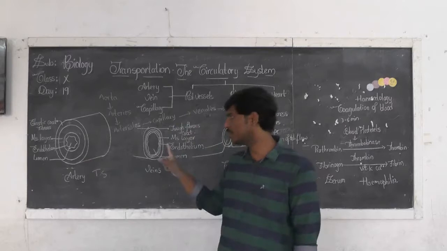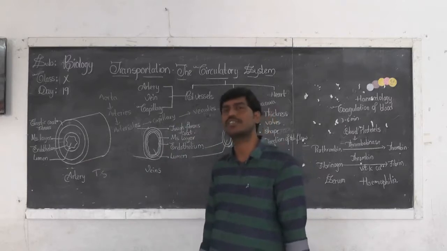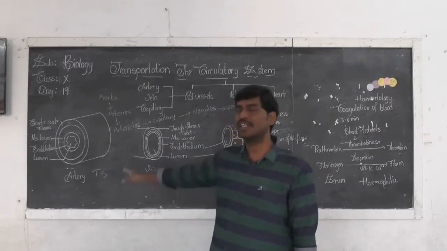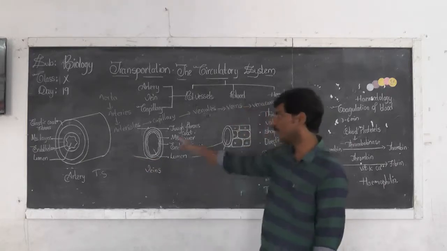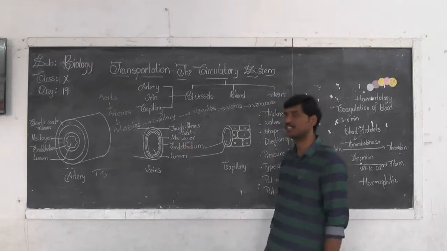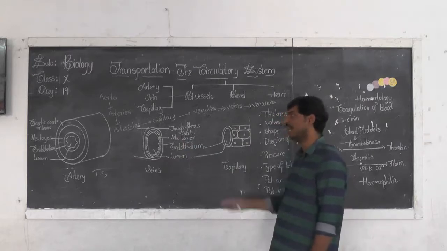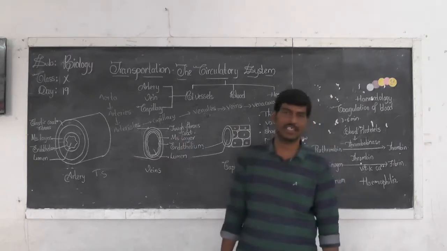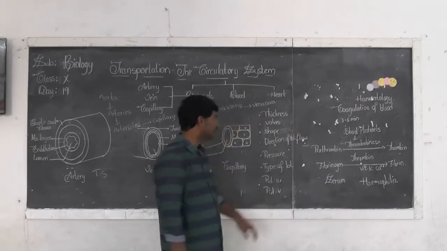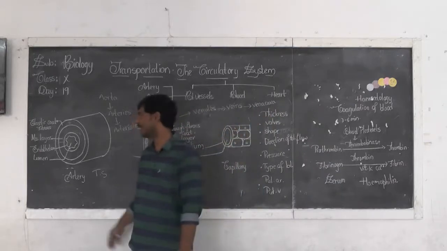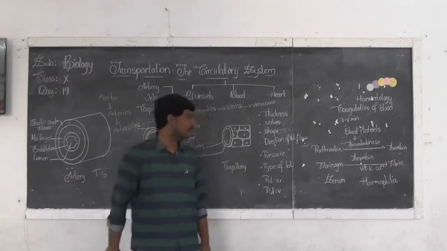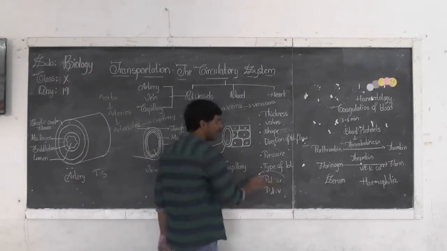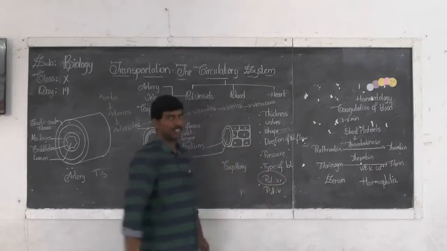This is one of the reasons, about the lumen, and one more reason is that they are directly receiving the blood from the heart, right? So what is happening here? The pressure is more in arteries and less in veins, right? And as for the type of blood, all arteries carry oxygenated blood except the pulmonary artery.